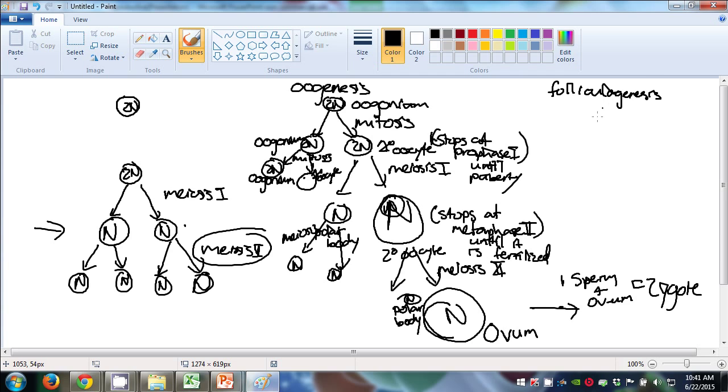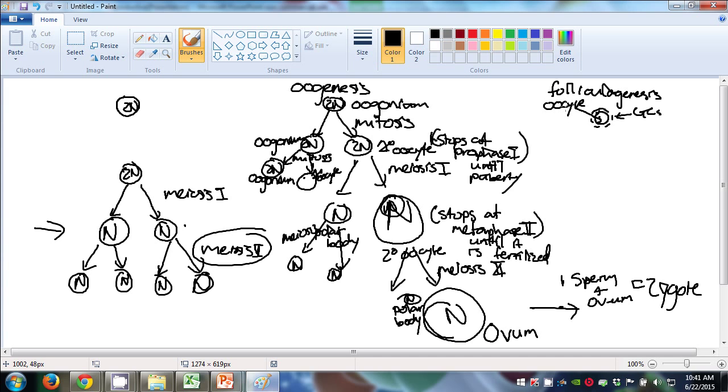The very first follicle that we talked about was a cell with squamous cells around it. What are those squamous cells around it? Granulosa cells, okay? What do you call this cell in the middle here? Which oocyte, though?